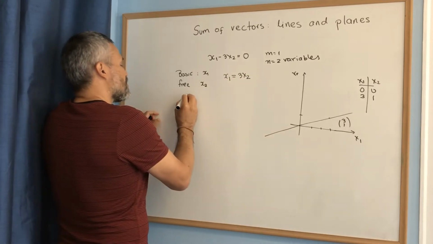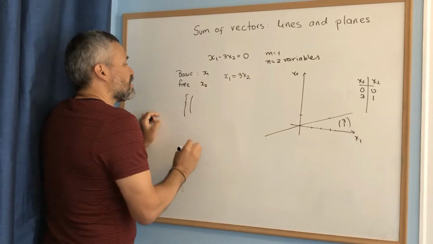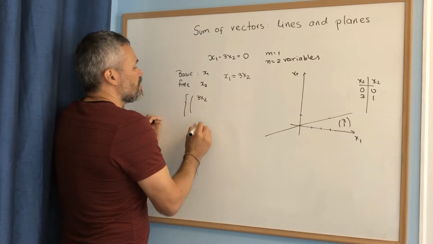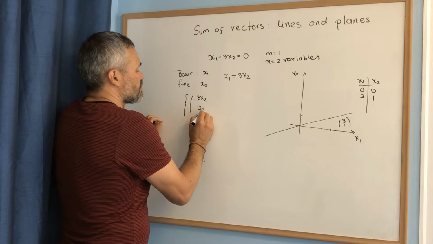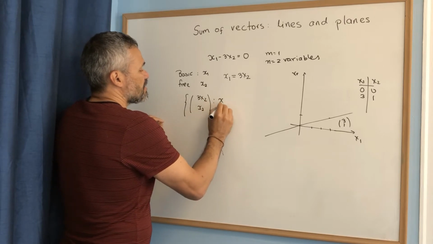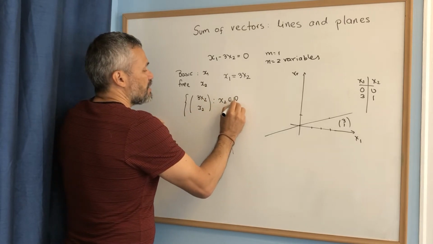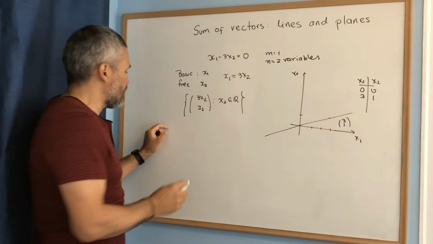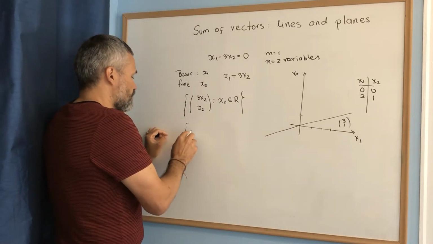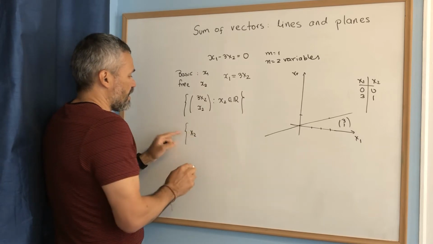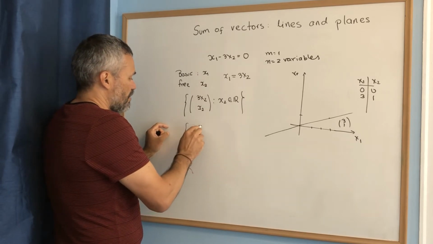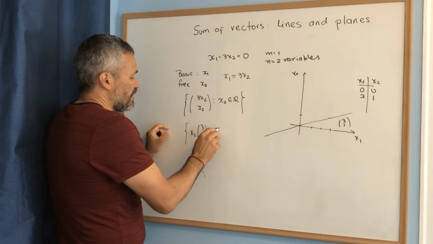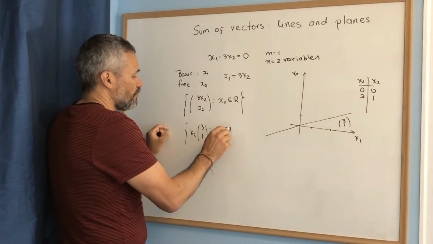The solution set would be x1 is 3 times x2, and instead of the free variable, I just write x2, such that x2 is a real number. This is the solution set. But we can write this solution set in this way. I can take the x2 away, and then we have 3, 1, such that x2 is a real number.